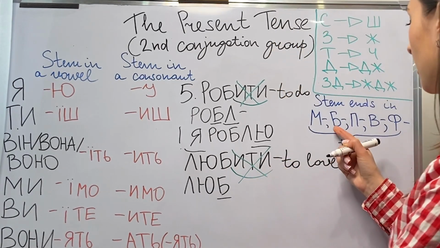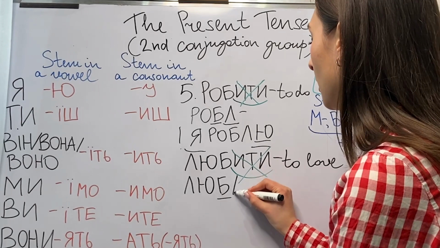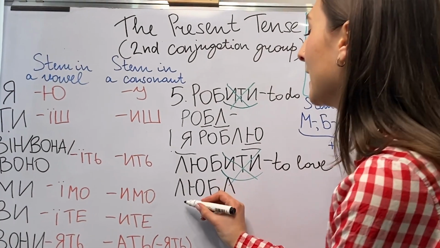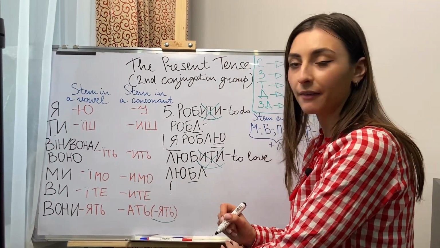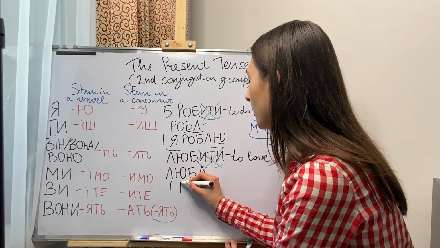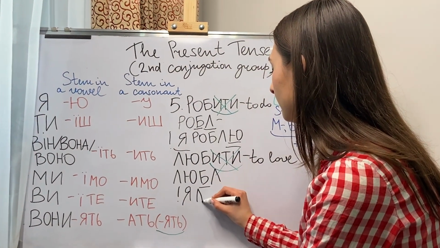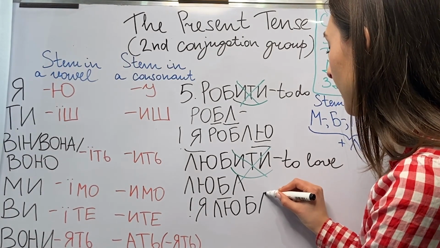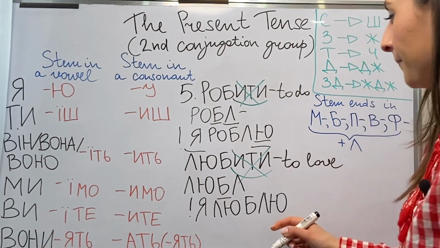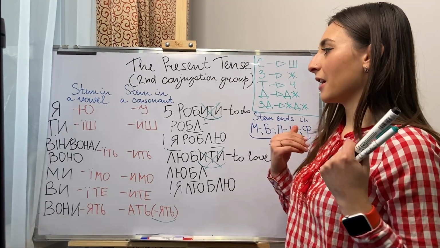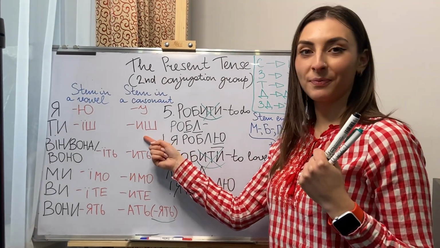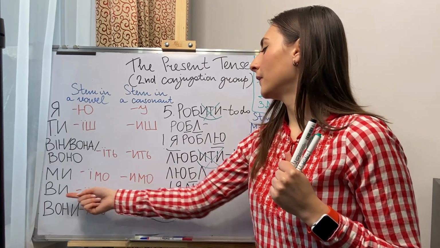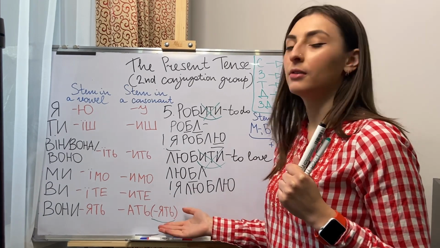It's b, so we add l. Любл. Again you say я люблю. I love. You love. Ти любиш. Він, вона, воно любить, ми любимо, ви любите, вони люблять.